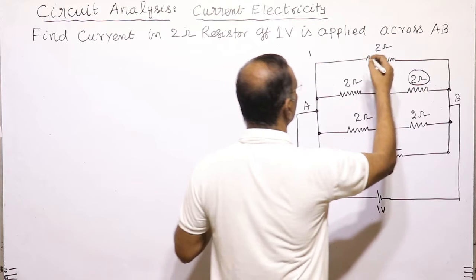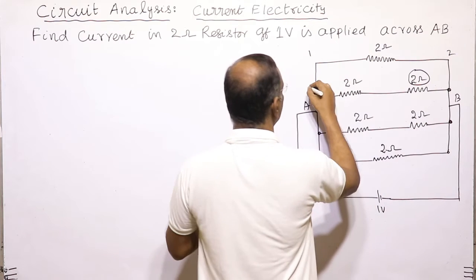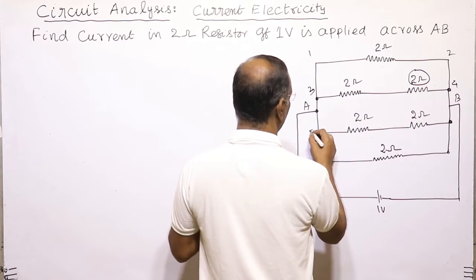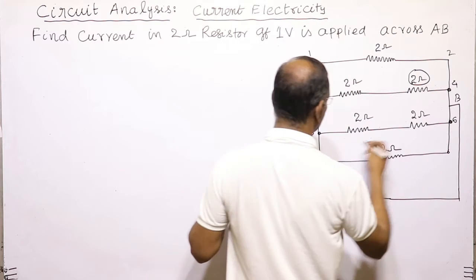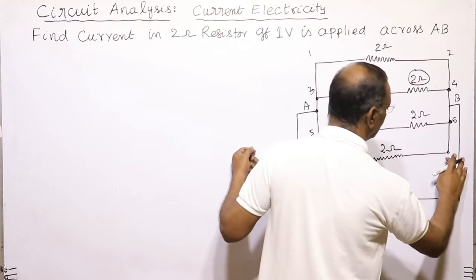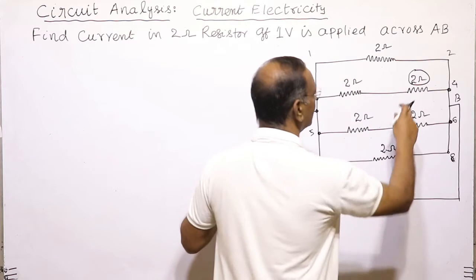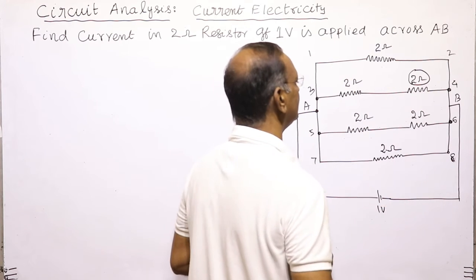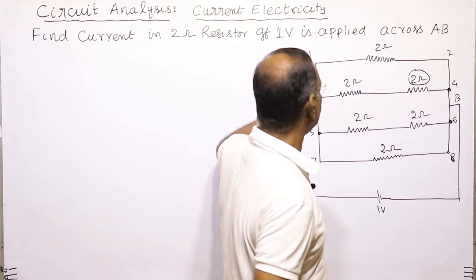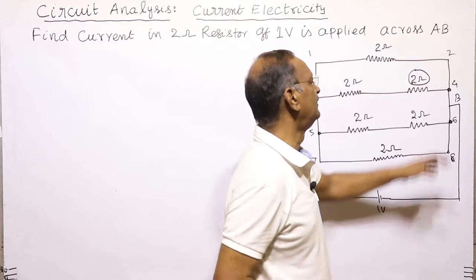Let us name the branches 1, 3, 4, 5, 6, 7, 8. Now we have to find the current in this 2 ohm resistor. It means we have to find the current flowing through branch number 3, 4.